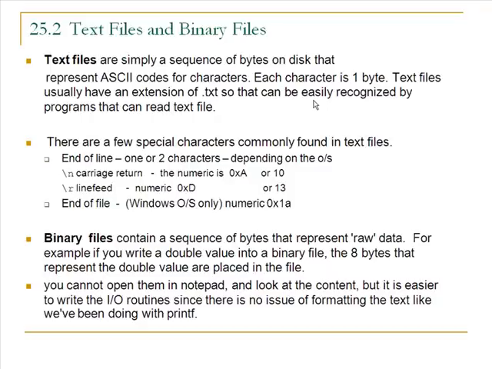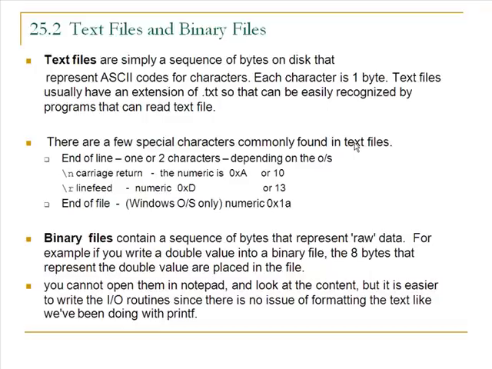And each character is 1 byte large, which is the same as a char variable in C. Text files usually have an extension txt so that they can be easily recognized by programs that can read text files. For example, if you double-click on a txt file, you usually have Notepad pop up, and it reads the bytes out of the file and displays the characters in the Notepad editor.